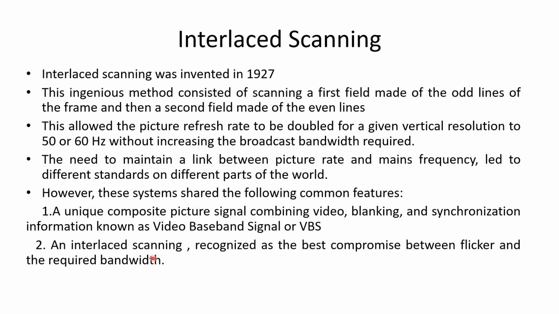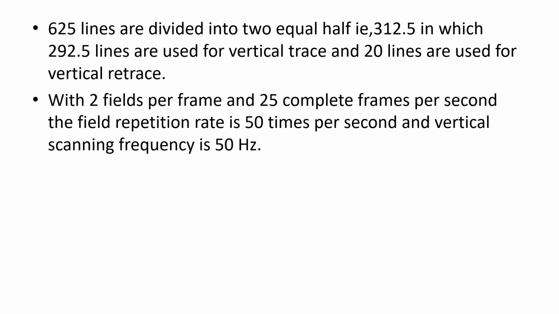But in interlaced scanning, we divide the whole of the lines into two fields, so at one time we send only one half of the complete frame. So there is a saving of bandwidth, and also the flicker effect will be minimized. If you consider a 625 line system, that is the PAL standard, with a total of 625 lines, we are not going to scan all these lines one by one.